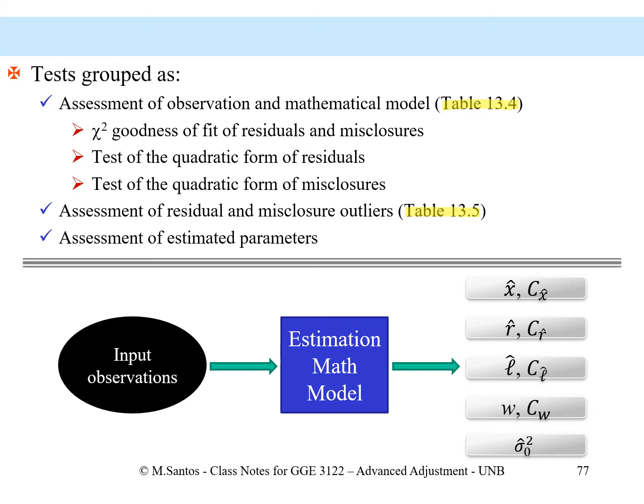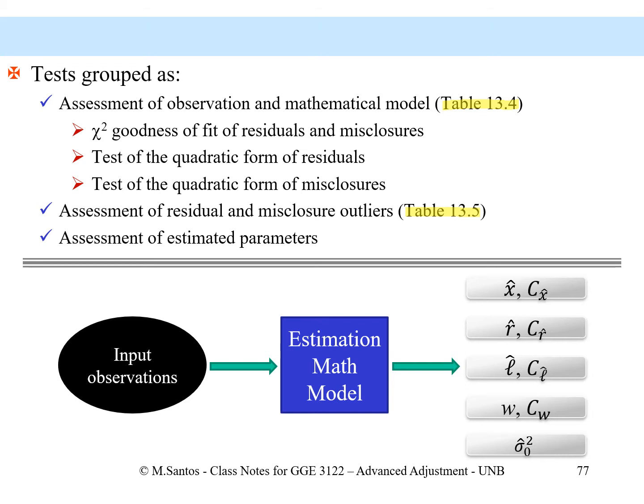So essentially, what we have in here is the input observations, given in this black ellipse. The observations will feed the adjustment, which means they go through the mathematical model.